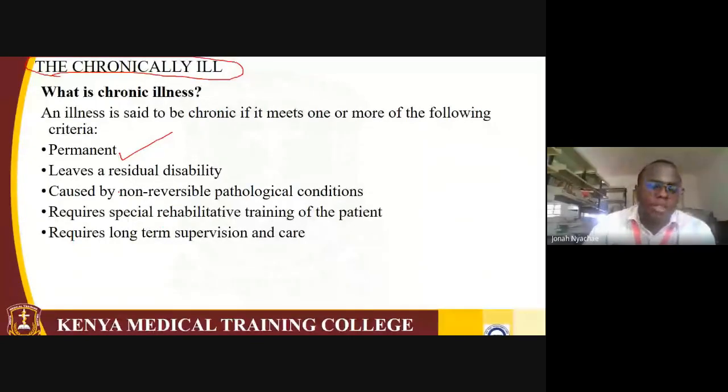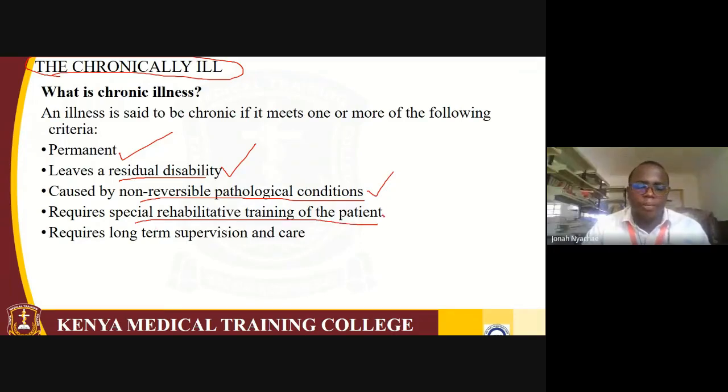It also leaves residual disability. It could be a person has some impairment. It is caused by a non-reversible pathological condition. It requires special rehabilitative training of the patient, and also it requires long-term supervision and care. So these are the criteria.